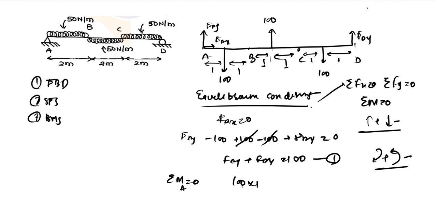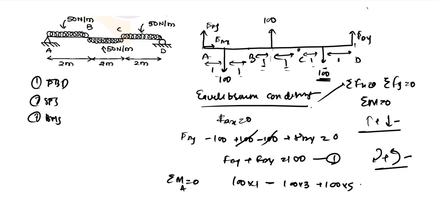We have 100 into 1 as a clockwise moment, minus 100 into 3 as an anti-clockwise moment because of this B to C UDL force. Also we have a clockwise moment of 100 into the total distance because of the CD UDL, this 100 Newton force. So 1 plus 1 plus 1 is 3, 4, 5. So it will be 5.